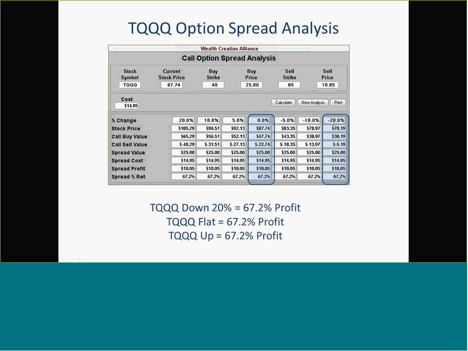So you can see with a 20% increase, the ETF will be trading at 105. This first row here shows the percent change in the ETF, if the ETF remains flat at 87.74, and then we also showed the results if the ETF decreases 20%.